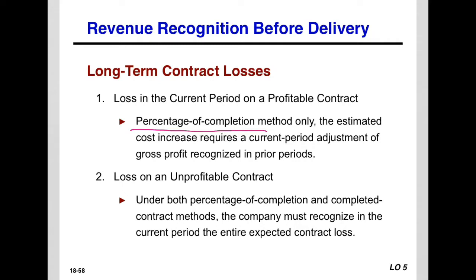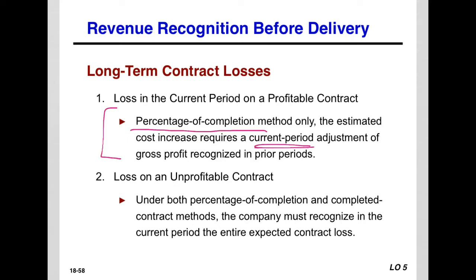The adjustment is just a current period adjustment because this is under estimates. We don't go back. We don't show the current year as a loss, or deliberately show it as a larger loss than it otherwise would be in order to make up the difference. I think I said that wrong.